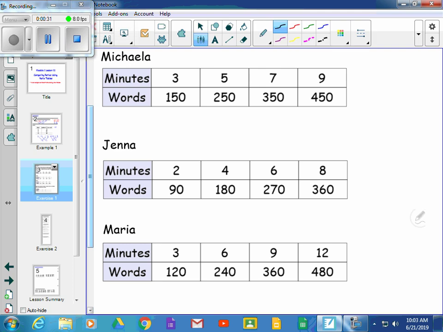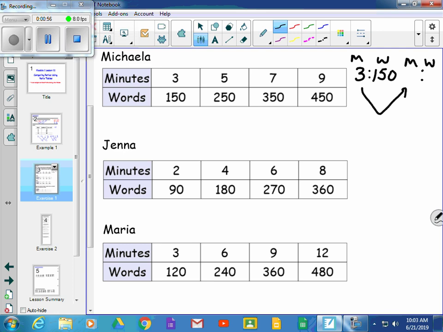One thing that we can do is simplify the ratios, to see what all of the ratios in that table are equivalent to. So if I take the ratio 3 to 150, I know I've got minutes to words. What can I divide out of both of those numbers?